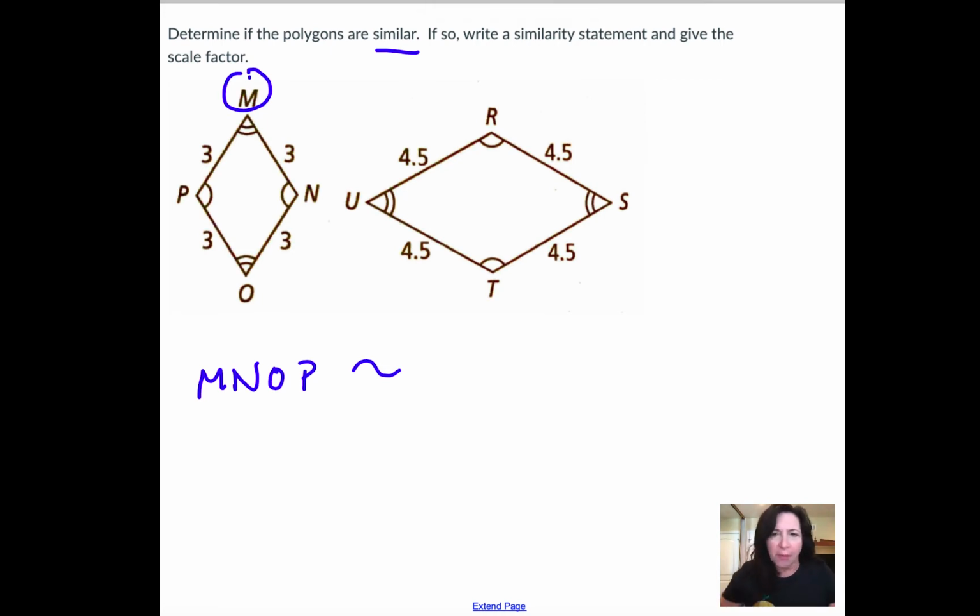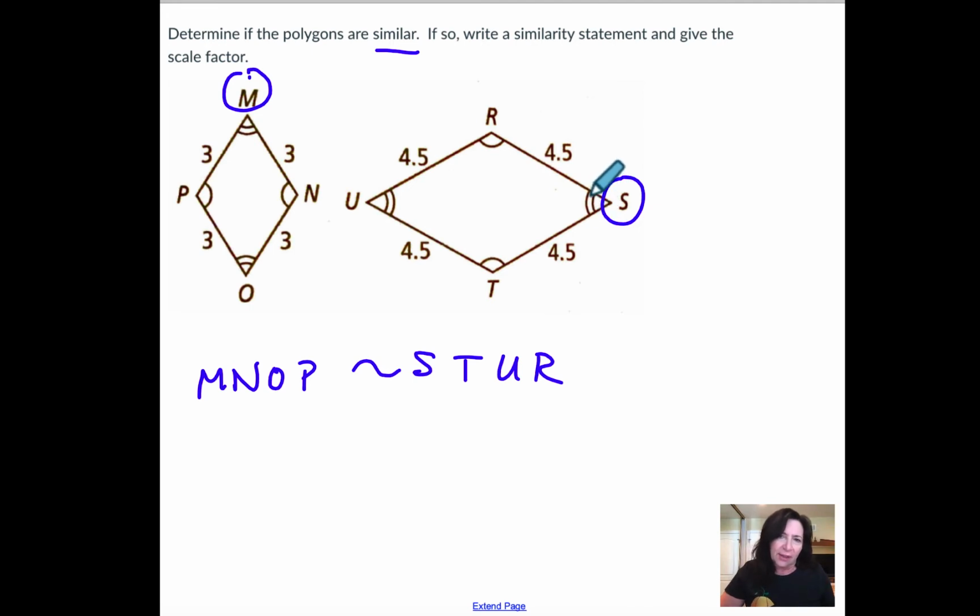So for this problem, I'm going to make this, instead of R, because that's 2 different angles, I'm going to start with S. So let's say I make this similar to S, T, U, and then R. If that was the case, then number 1, the angles would have to match up. Number 2, my sides would have to be proportional.